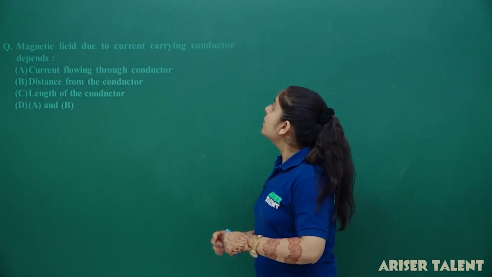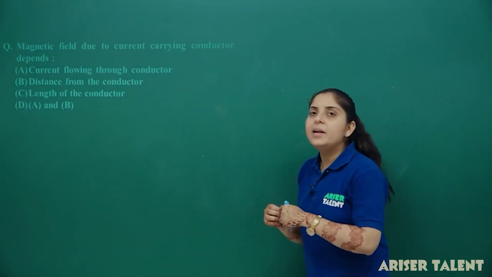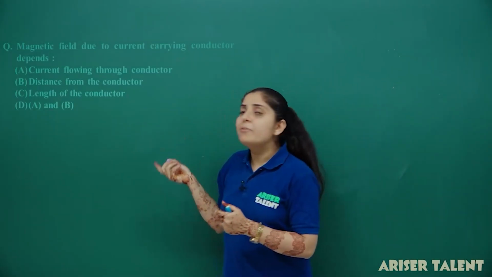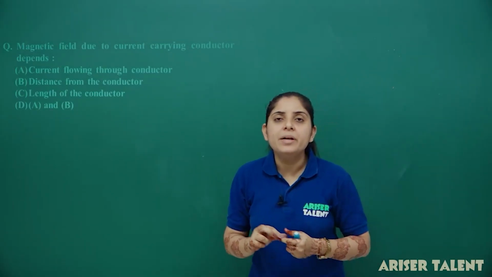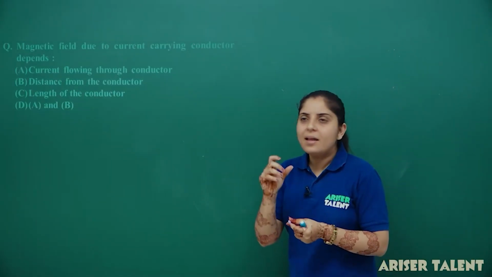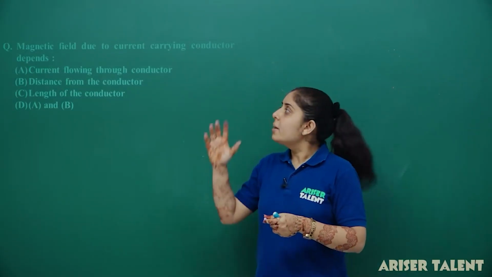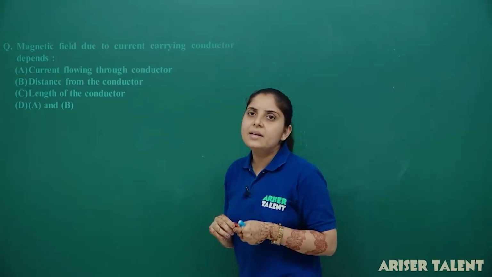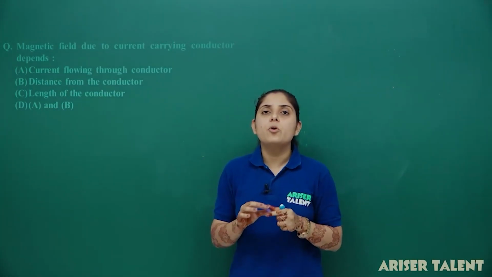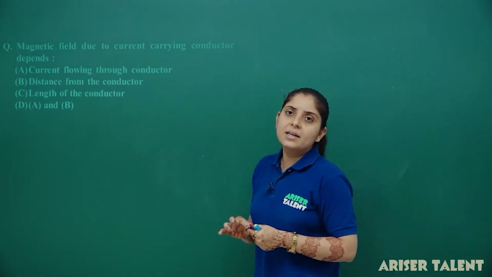Magnetic field due to a current carrying conductor depends upon... The magnetic field due to a current carrying conductor will be represented by B, and it must depend upon the current flowing through the conductor, the distance from the conductor, the length of the conductor L, or A and B. The magnetic field due to the current carrying conductor does not depend upon the length of the conductor, because it basically depends upon how much current it is carrying and the distance from the conductor.